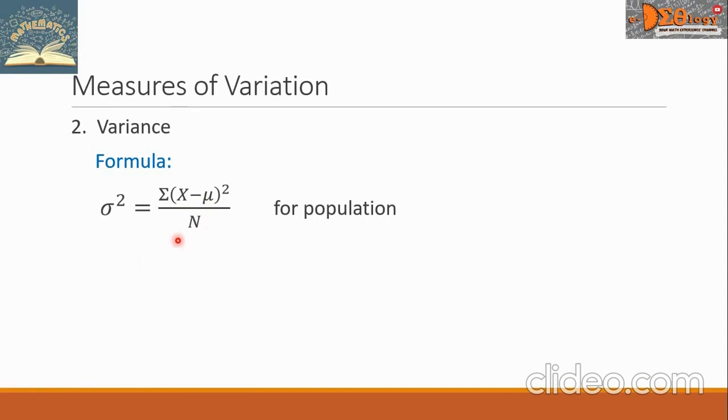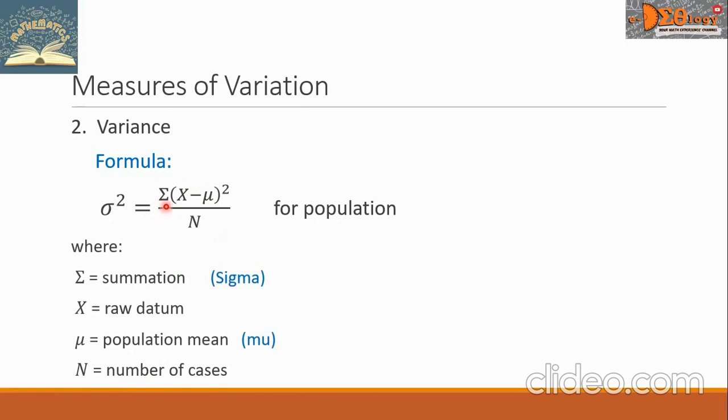Now for population formula, we have this sigma square equals the summation of the square of capital X minus mu all over capital N. This is capital sigma, and that is read as summation. Capital X here is a raw datum. Mu is the population mean, and the capital N is the number of cases.